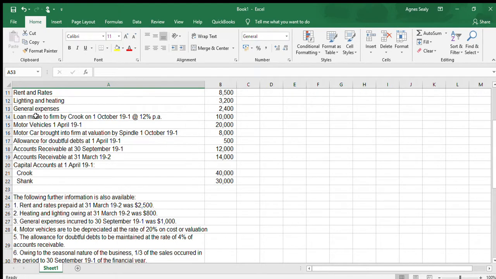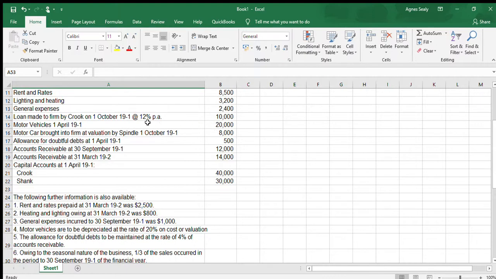loan. There's a loan made to the firm by Crook, and this loan was $10,000.